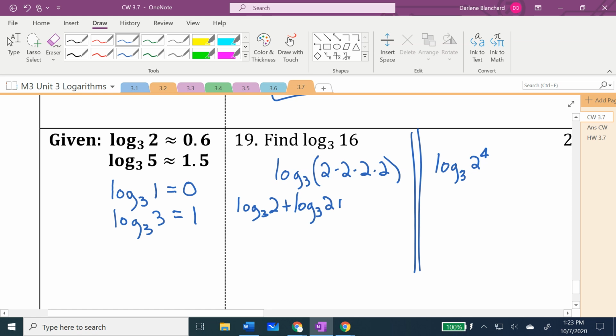But isn't it interesting that this kind of comes full circle? And you can see that this gives you the same thing as this when you multiply the 4 in front. So you just need to take 0.6 and multiply it by 4. And that will give you 2.4 if I can do multiplication this time.